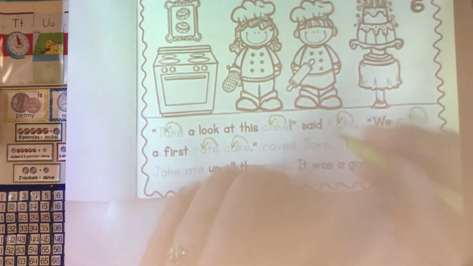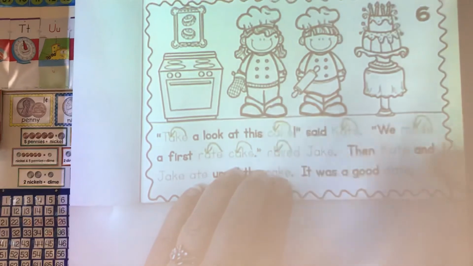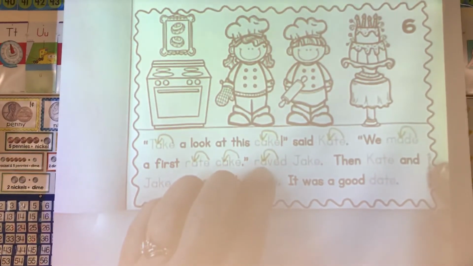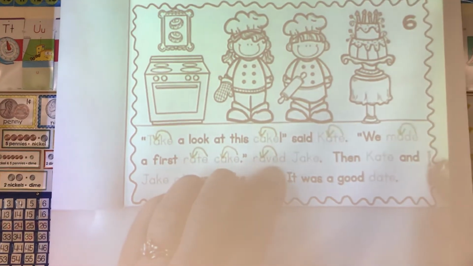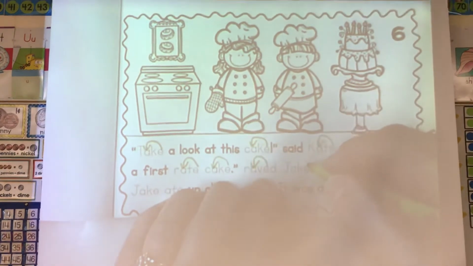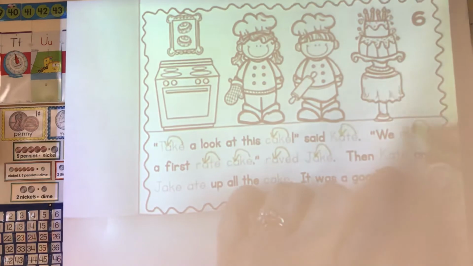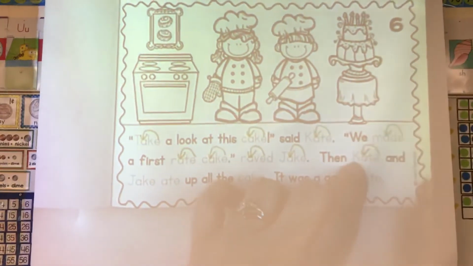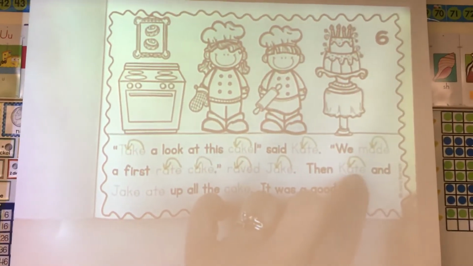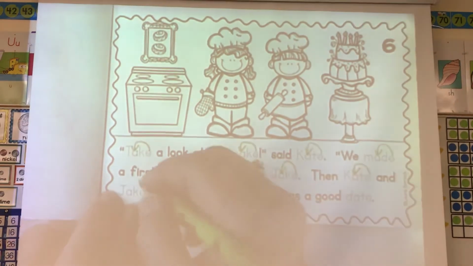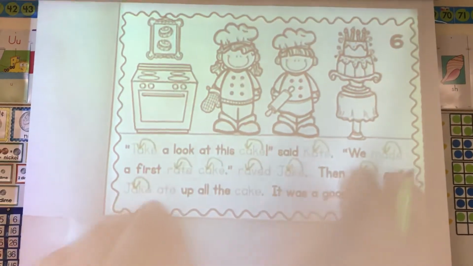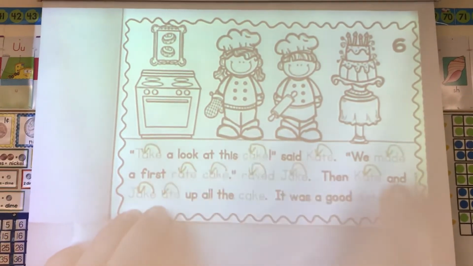cake. Ooh, this is an interesting word. Draw an arrow. Raved. That means he's excited. Draw an arrow. Jake. Then, draw an arrow. Ate Kate. And, you know this one, Jake. Draw an arrow.